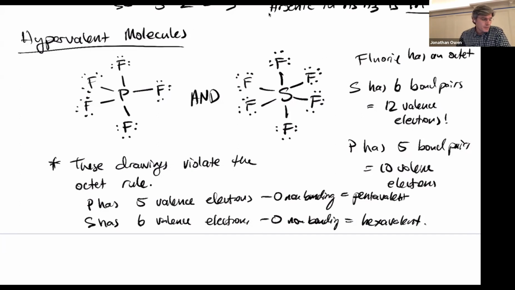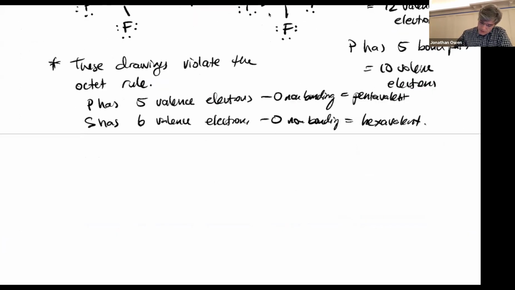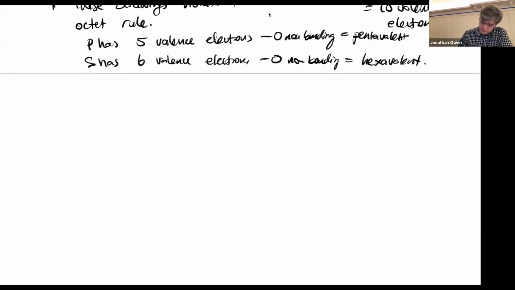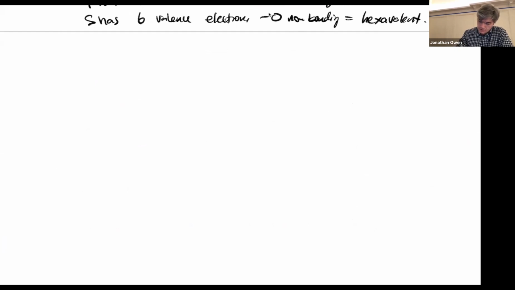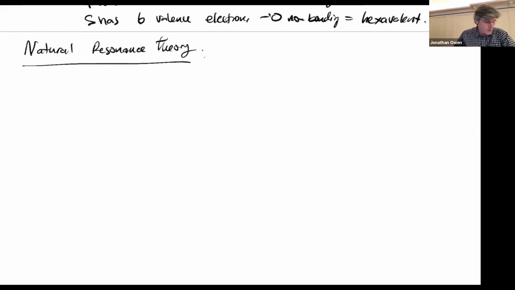Well, people have written papers about what's called natural resonance theory, which is just a different way to describe things, and it helps us to develop rigorous drawing rules. Natural resonance theory mixes in electrostatic interactions.